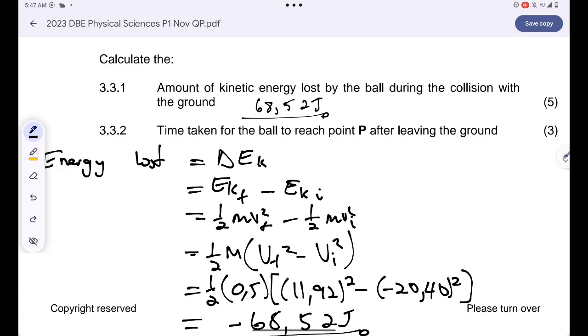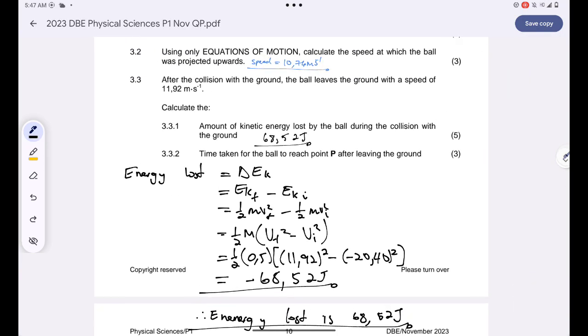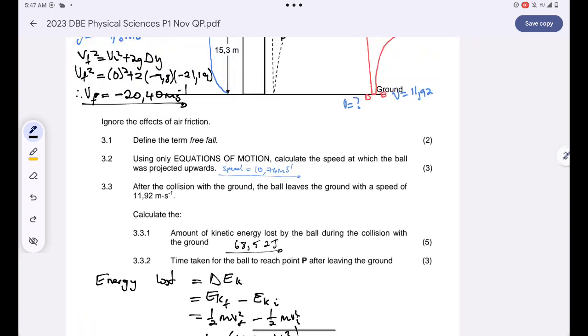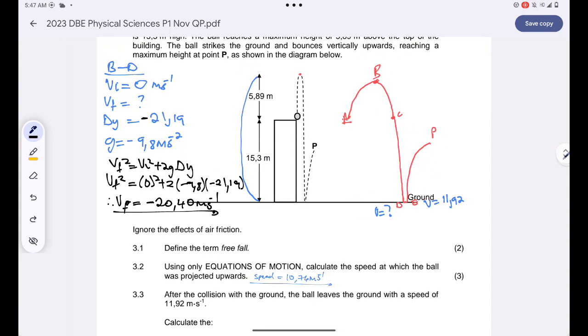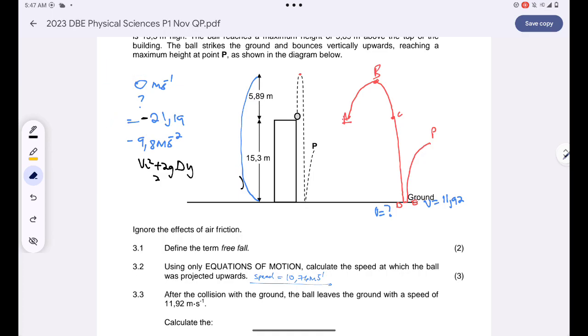Okay, now they want us to find the time taken by the ball to reach point P. Let me just erase here. Remember that point P is at maximum height. I can take my information from point E to point P, right?